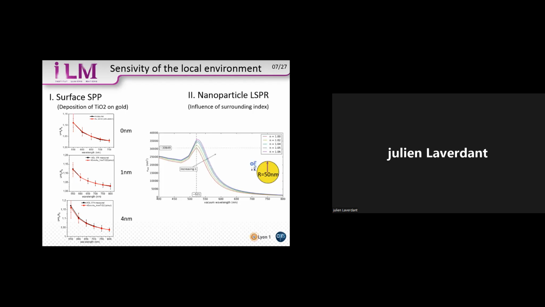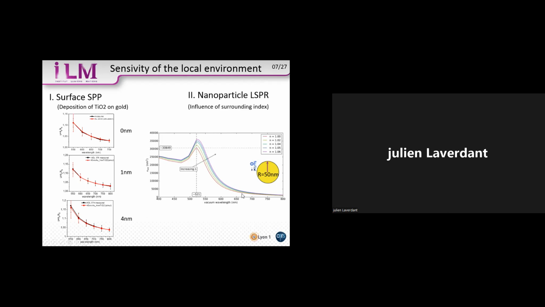You can have the same if you take a nanoparticle. It's a bit different. Here I just show you some theoretical data. If you take a gold nanoparticle of radius 50 nanometers and you change the local index around it, you have the spectrum here.